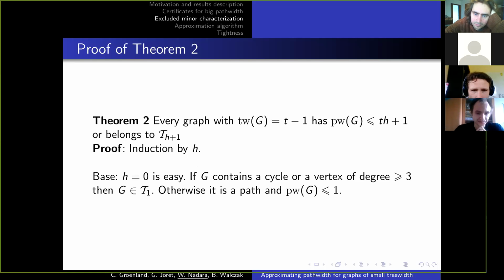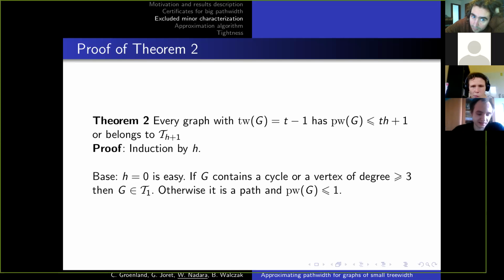Why is that so? Let's consider a vertex of degree at least 3, and take three arbitrary neighbors of it.